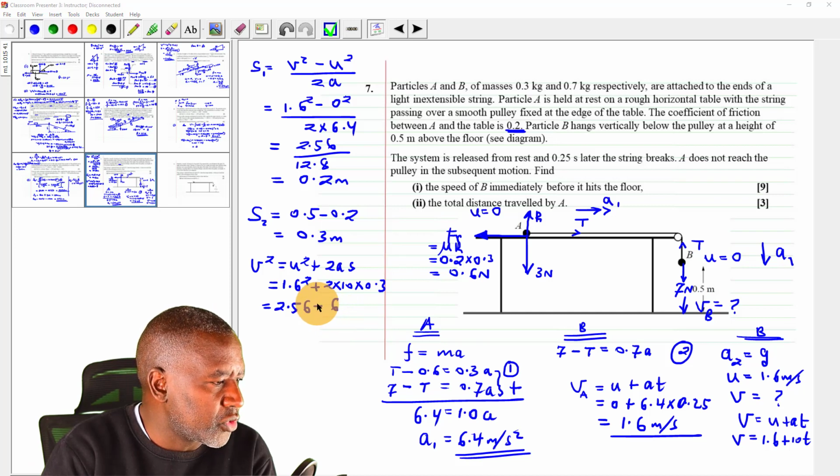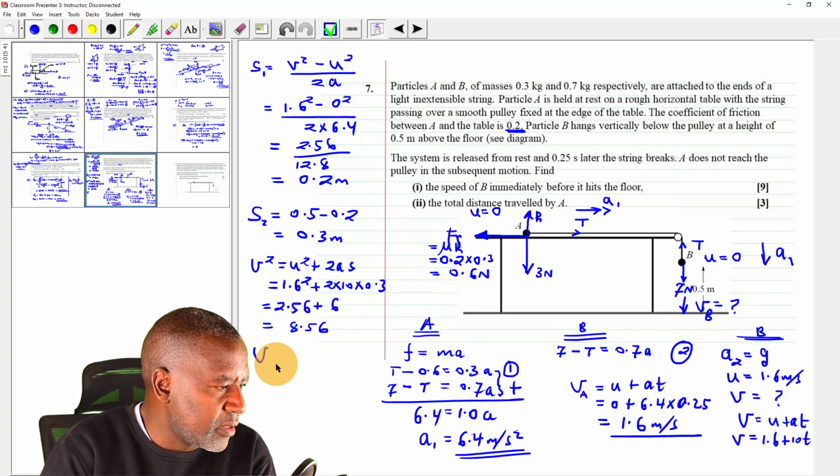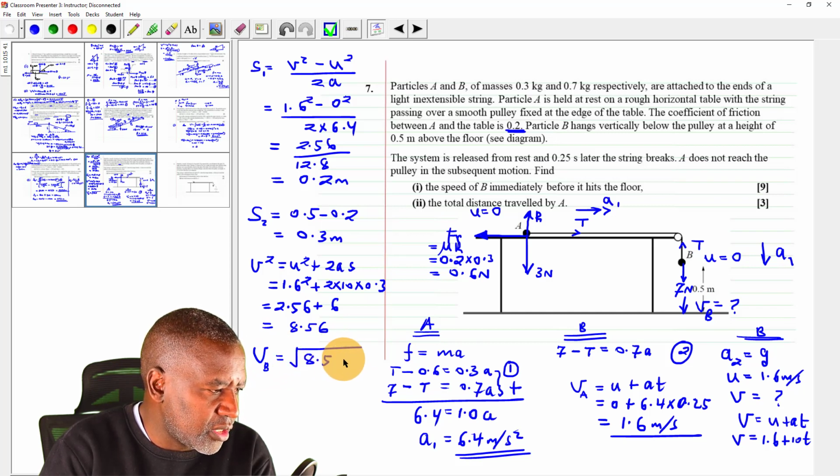Actually, this is supposed to be plus. Because this one will be 8.56, and the final velocity of B just before it hits the ground will be the square root of 8.56.